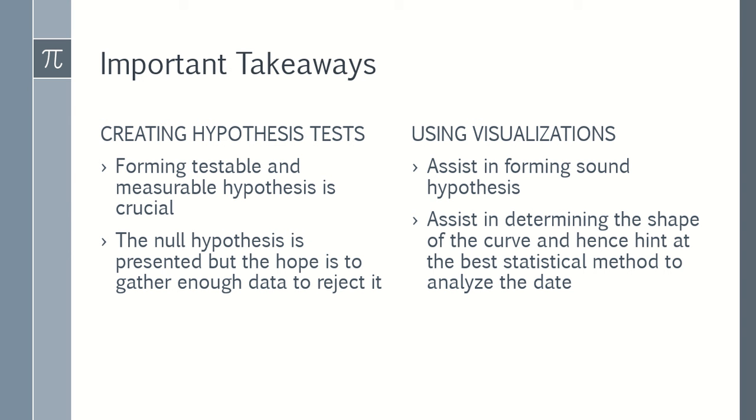Can we run a regression line through it? By being able to see the shape of the curve or the disposition of the scattered points, it also allows the researcher to determine the best statistical method to use to analyze the data.